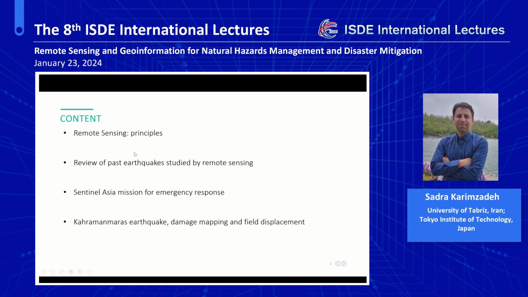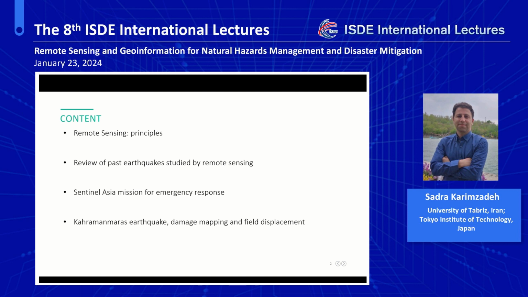Well, today here is the table of contents. Firstly, I will talk about remote sensing and its principles. I don't know how many people will join this presentation and how much they know about remote sensing, so the principles come first.